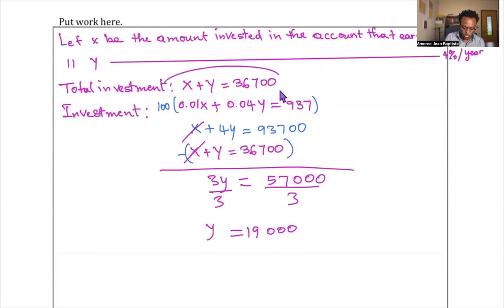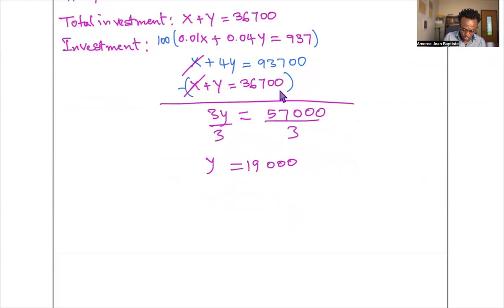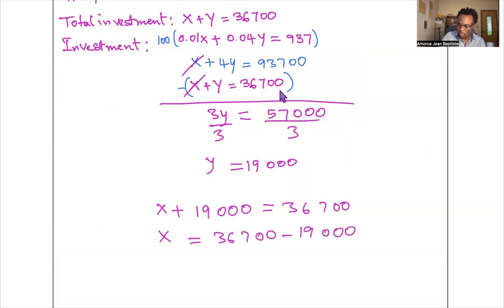So we can just go back to one of the equations and plug in y to get x. So we have x plus the value of y, 19,000, equals 36,700. So x equals 36,700 minus 19,000. That's 17,700.